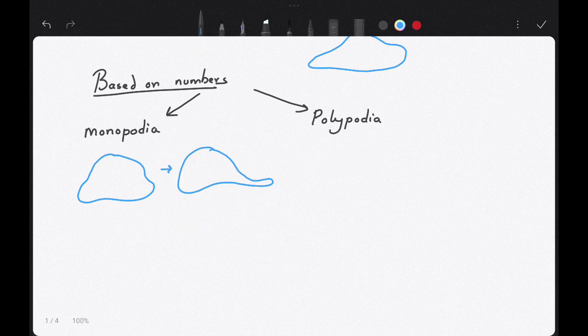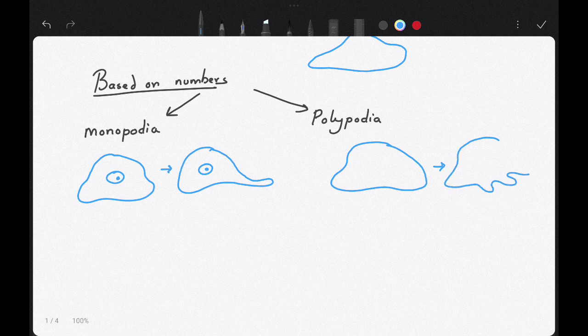But in polypodia, suppose this is the organism, here more than one pseudopodium will be formed. Suppose one is formed like this, then again like this, then again like this. So this type of formation might occur, and these are known as polypodia. I hope this much is clear.